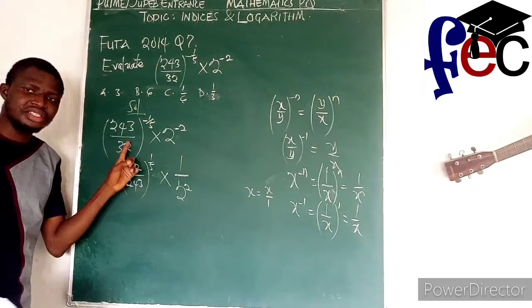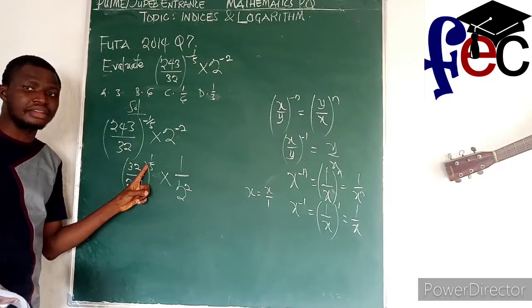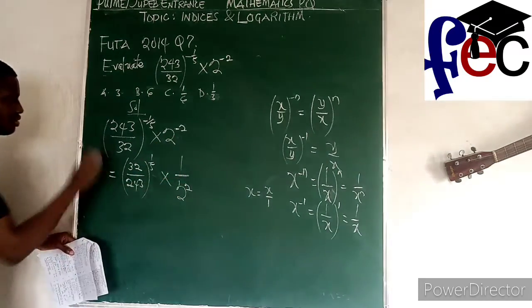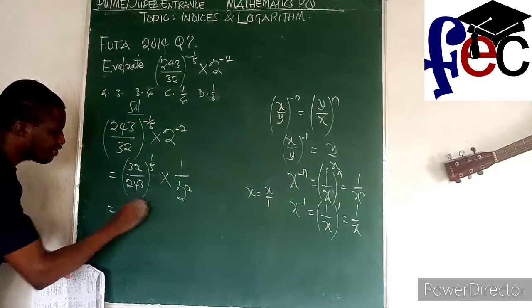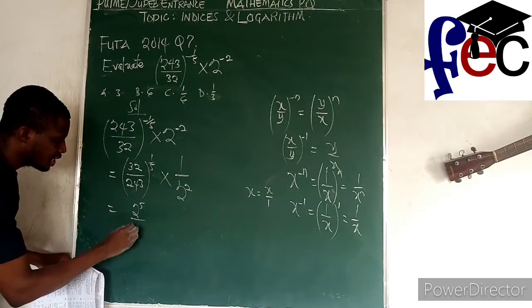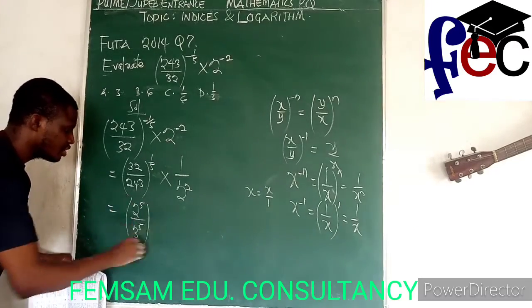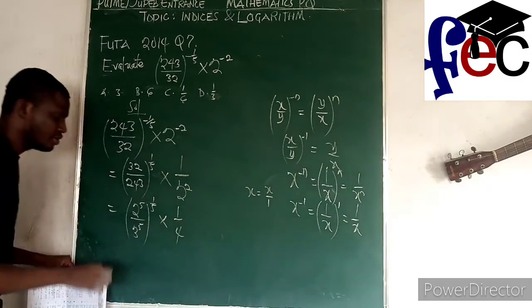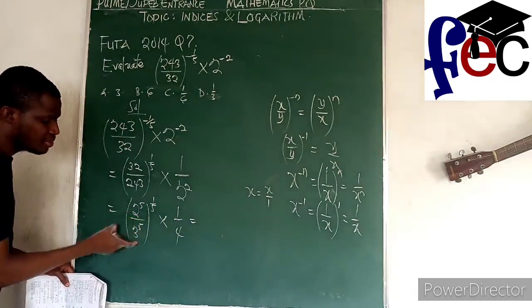Now you can still do this directly. I just took this step to remove this negative sign. So at the end of the day, I know that this is the same thing as 2 raised to power 5, and this is the same thing as 3 raised to power 5, all raised to power 1 over 5 times 1 over 4. I can take them to the same power.